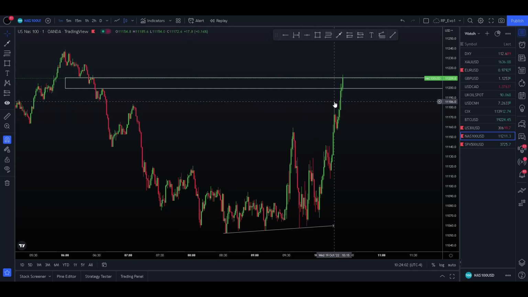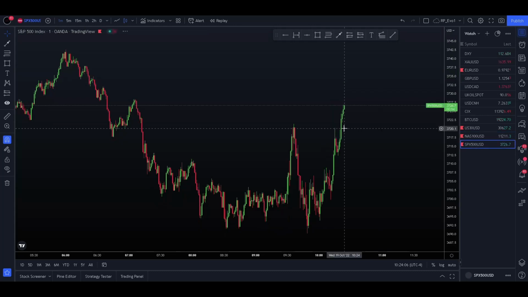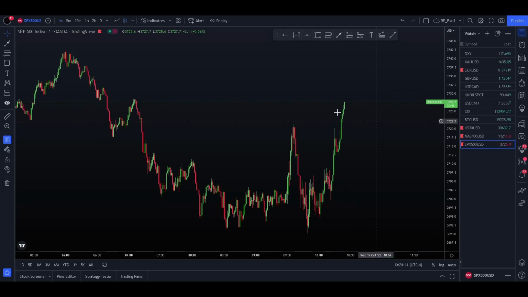So this candle here, 10:15, broke this swing high. This failed, and it's only now approaching it. I think we'll tap into this high, and once we do, I'll be interested in shorts on NASDAQ.